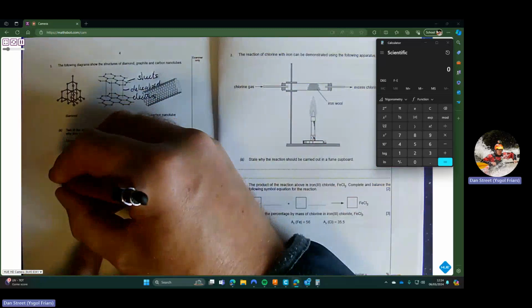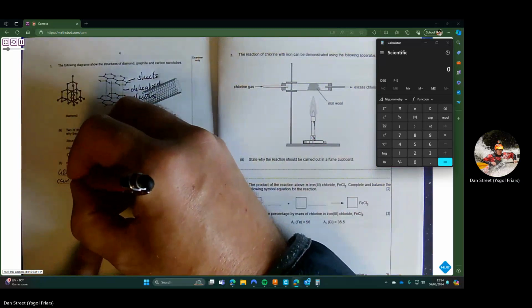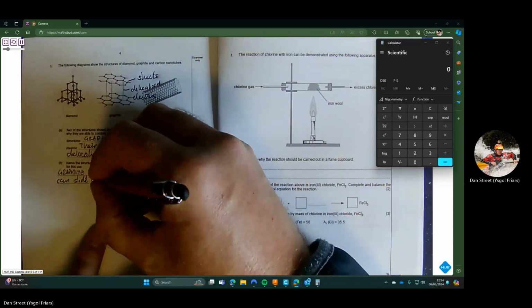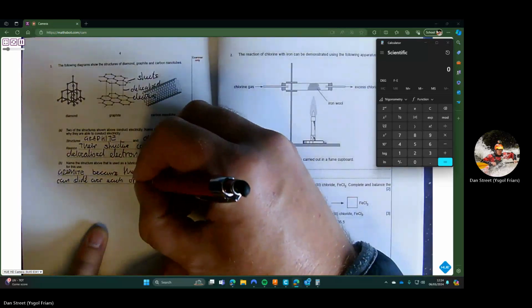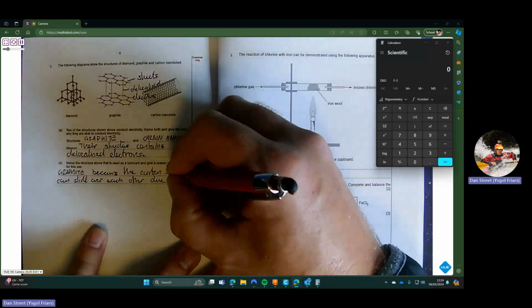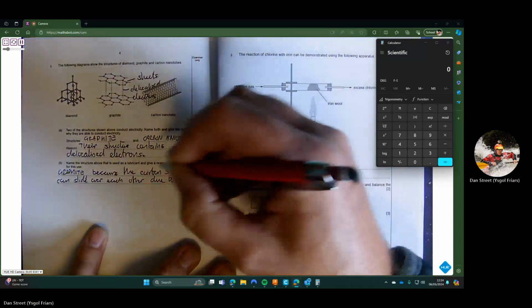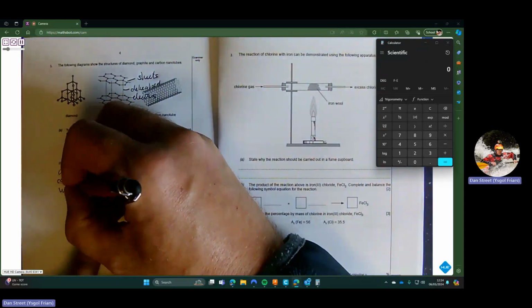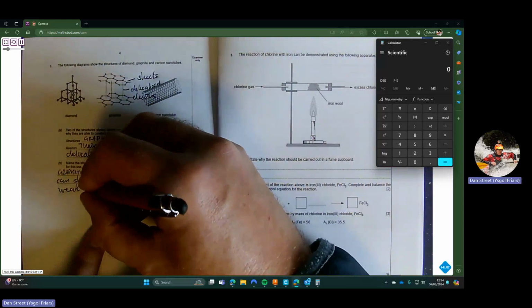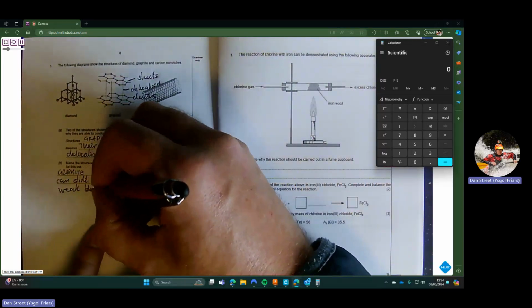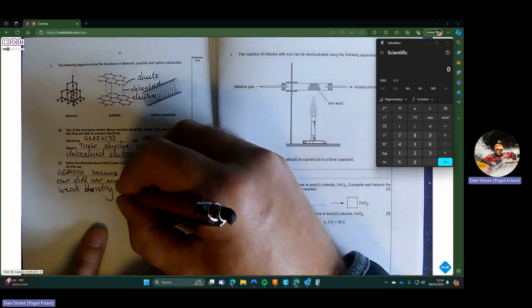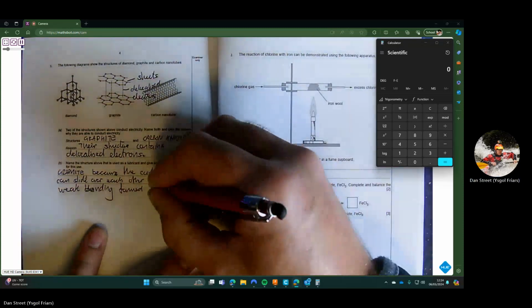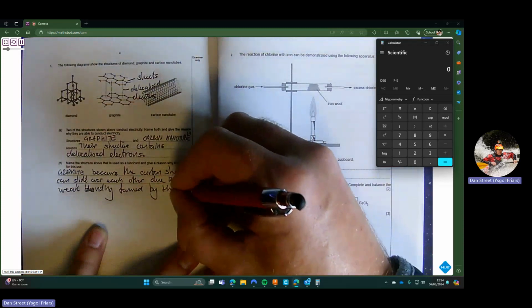The carbon sheets can slide over each other due to the weak bonding formed by the delocalized electrons.